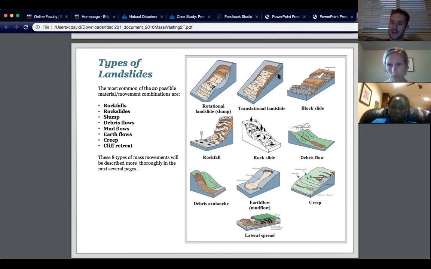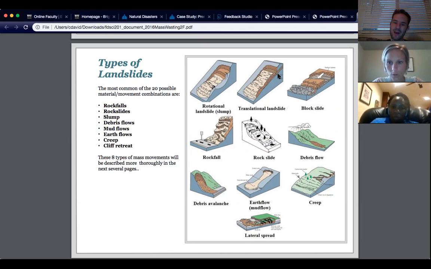Debris flows are where you get a lot of moisture up in the mountains, and it starts picking up a whole bunch of stuff. A lahar is a great example of a debris flow, picking up liquids, trees, dirt, rocks, clay, whatever it gets its hands on, and it just flows down the mountain.